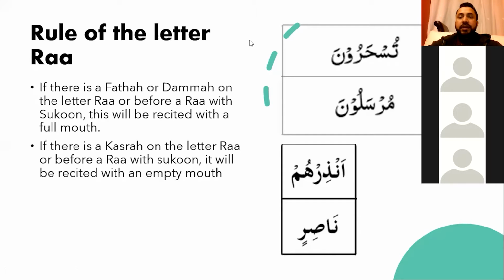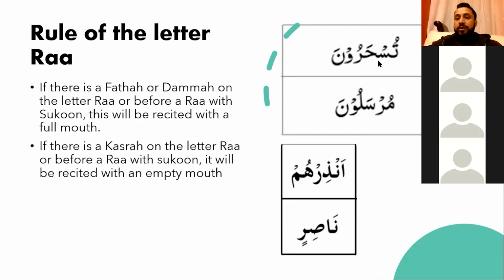If there is a fatha or a dhamma on the letter Ra, or it comes before the letter Ra with a sukoon, then that Ra will be pronounced with a full mouth. I've put two examples here: tusharuna, and mursaluna. We're not going to say mursaluna, we're going to say mursaluna.